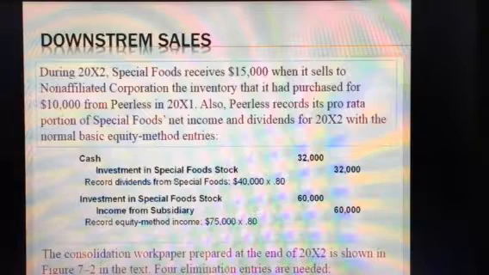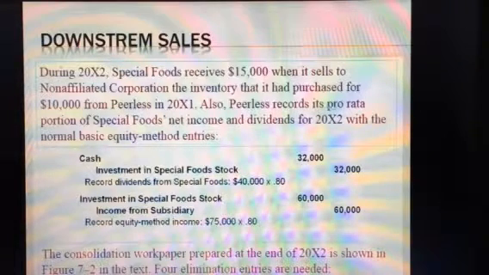And downstream also, during 2020, Special Foods received 15,000 when it sold to a non-affiliated corporation the inventory that it had purchased for 10,000 from Barless.